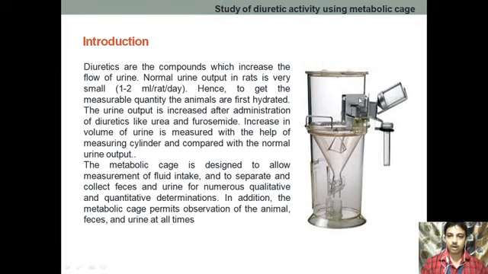So we are giving an adequate quantity of food and water to the rat, and whenever the rat passes fecal matter or urine, it will accumulate in this particular portion of the metabolic cage, and from here we can directly measure the urine.